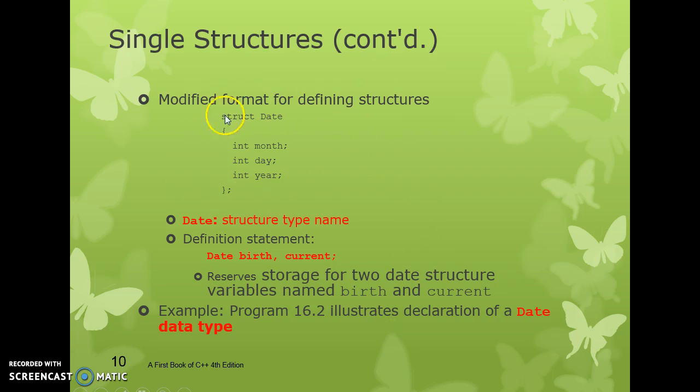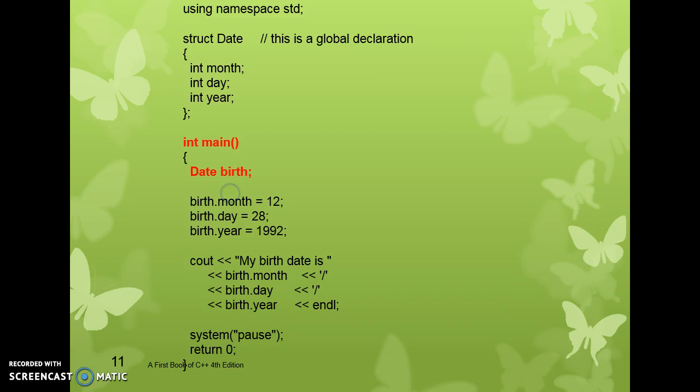Other than that, you can also declare it something like this. You have struct and the name goes on top, struct date, and you have all the members in here separated with semicolons. Towards the end of the structure, you end with a semicolon. In this program, you can see that you have struct date with 3 members.